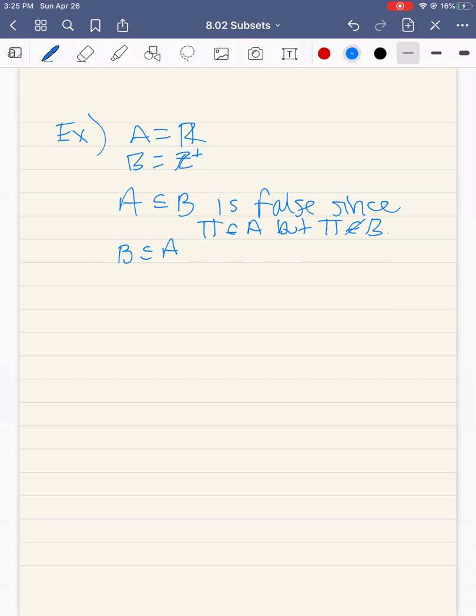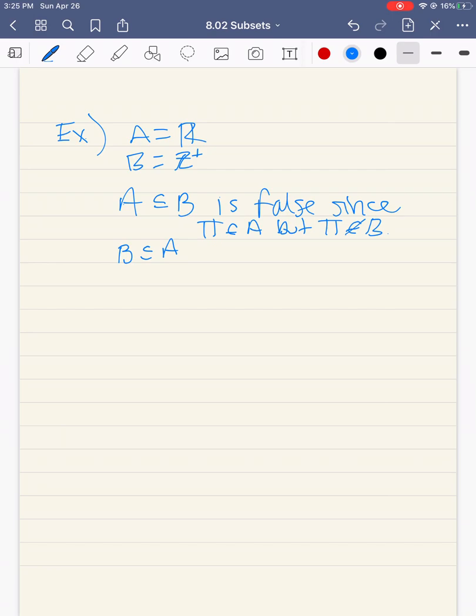So let's look at all of the positive values. The set of positive integers is going to be everything from 1 to positive infinity. So I have to think about, are all of those values going to be in the set of all reals?